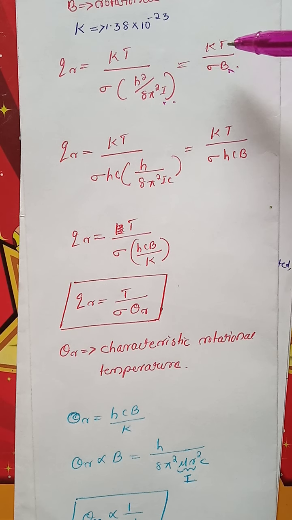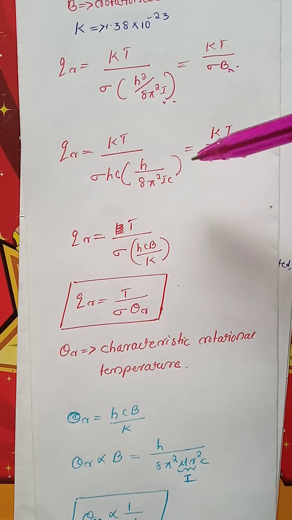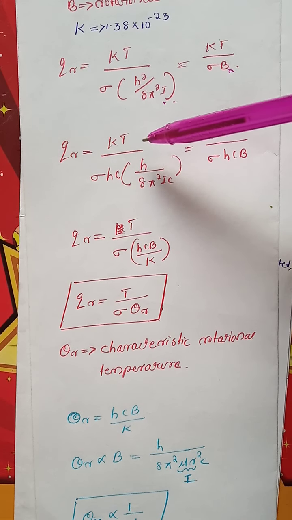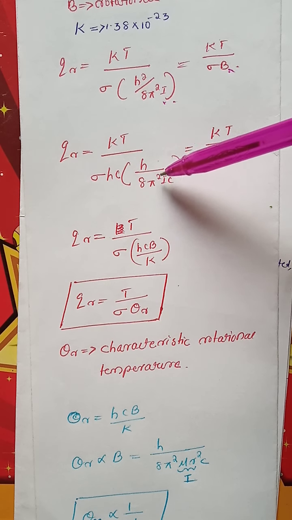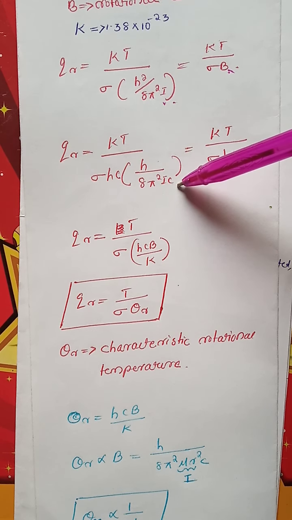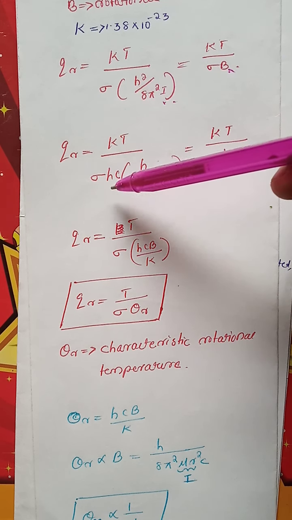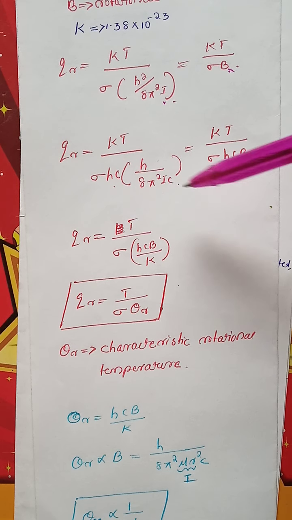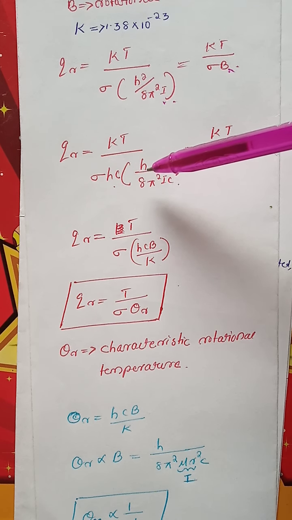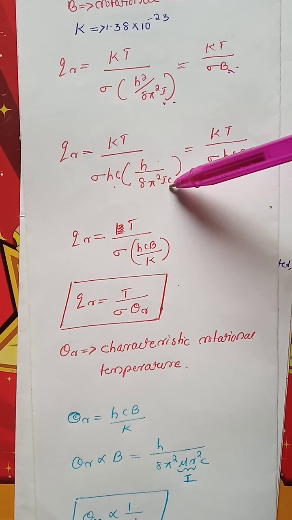If we take the rotational constant in terms of centimeter inverse, we have the equation kT by sigma hc times h by 8 pi square Ic. In this case, one h is taken outside, and one extra c by c is multiplied here.